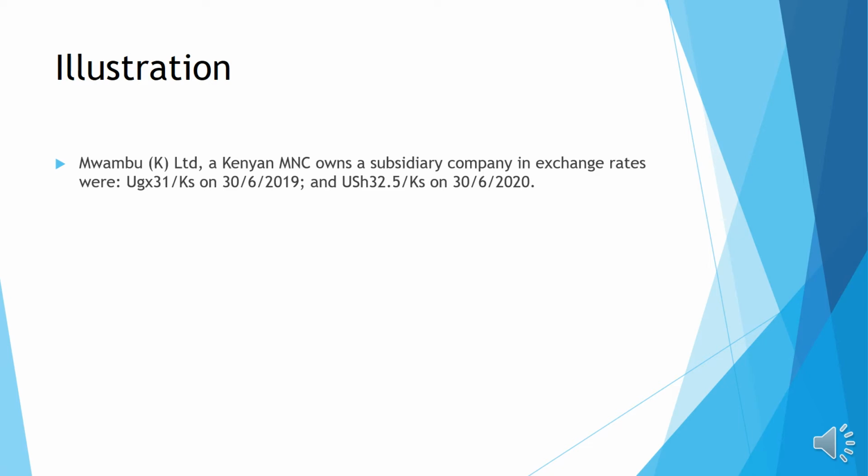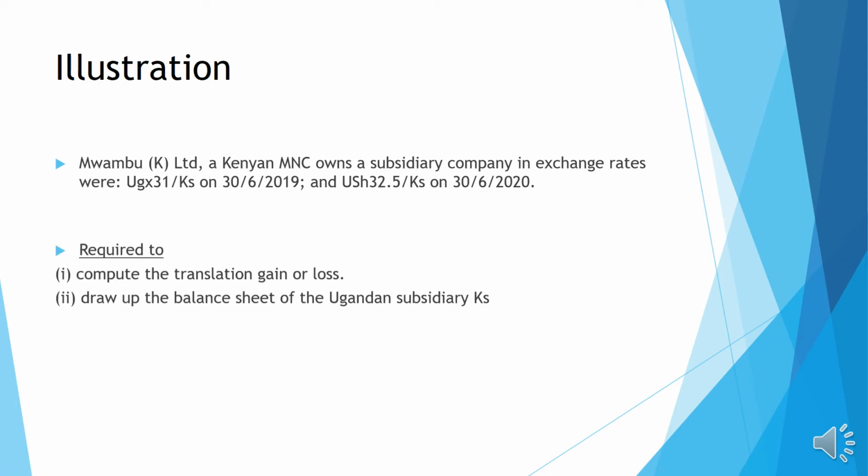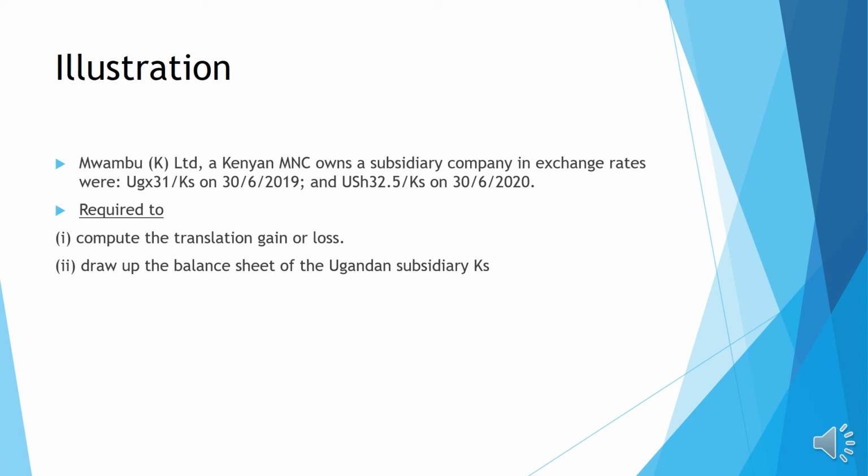And on 30th June 2020, the exchange rate was Uganda shillings 32.5 per Kenya shilling. We are required to compute the translation gain or loss. Now, in the process of translating these figures, some gain or loss might be realized. We also draw up the balance sheet of the Ugandan subsidiary in Kenya shillings.